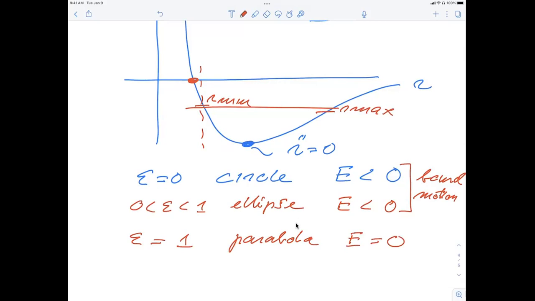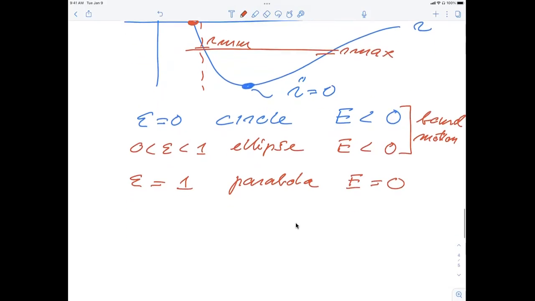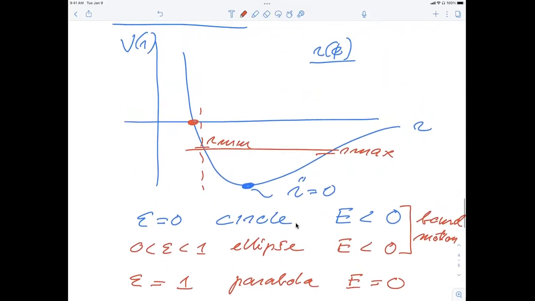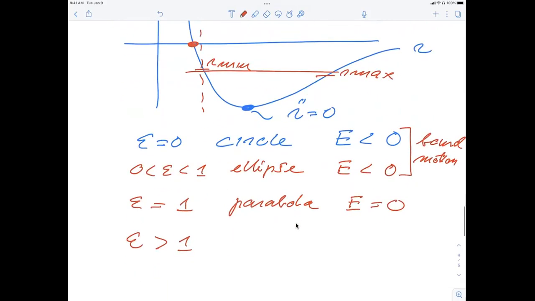So that means that potential energy and kinetic energy cancel. And then when we look at epsilon larger than 1, that could be a situation where we are here, for instance. That's going to be a hyperbola. And the energy is going to be larger than 0.